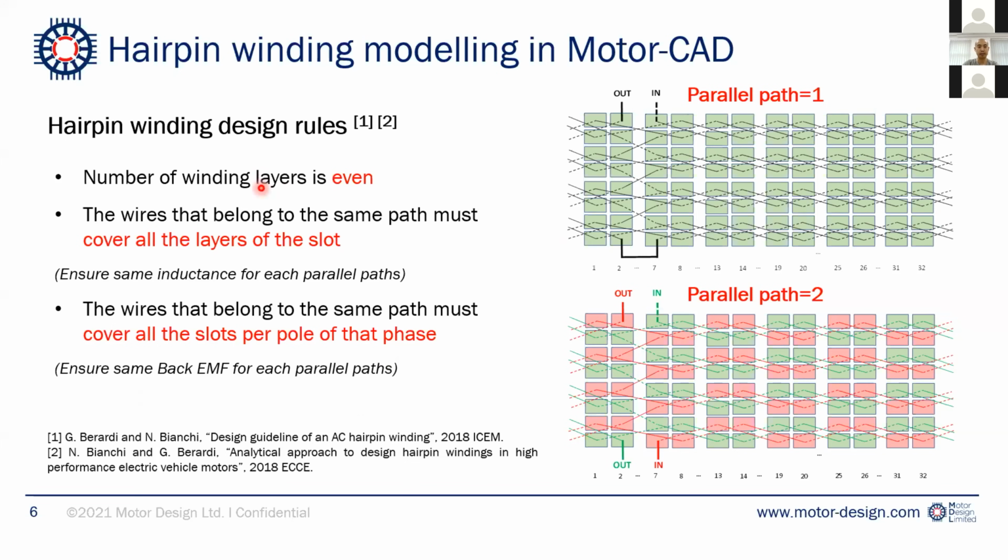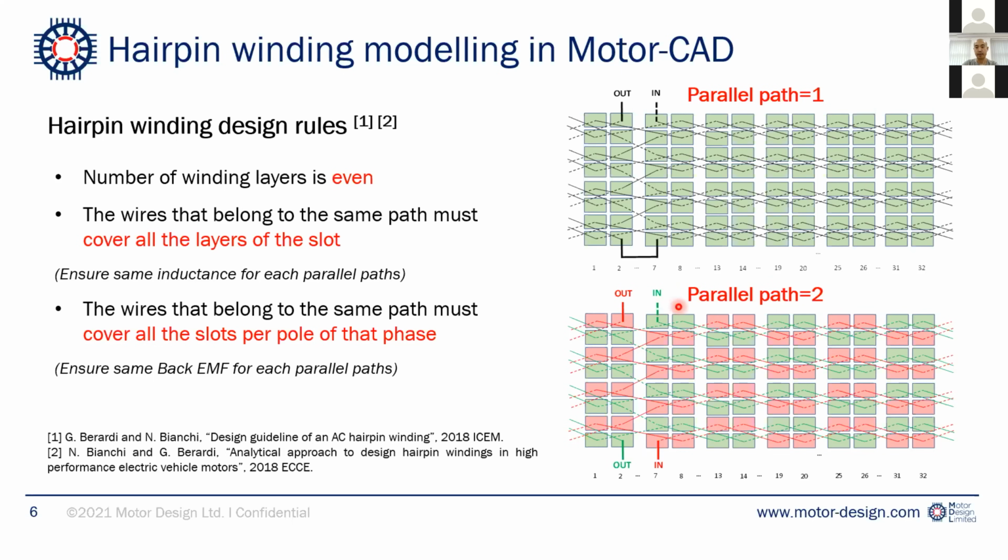Both the second and third rules aim to ensure that there is no circulating current between the parallel paths. For example, when we have a parallel path number equal to 1, we basically do the transpositions for the hairpins and cover all the layers of the slots.